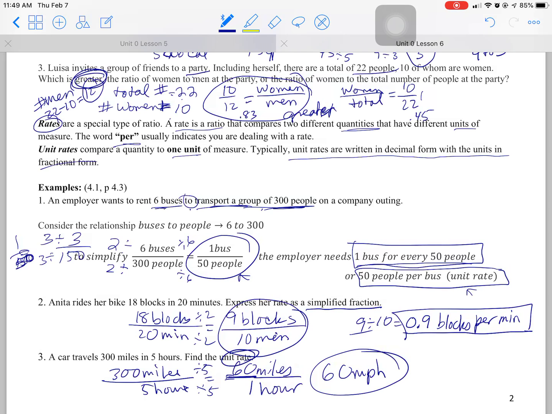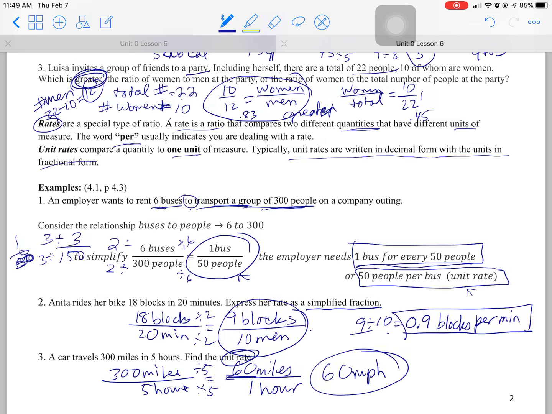You can write it like that if you want, okay? You can write that all out, 60 miles per hour if you want, or just put it like that. Because when you reduce, it is a unit rate, okay? This one, when I reduced, it wasn't a unit rate. I had to then actually do 9 divided by 10. When it comes out to 1 per something, it is a unit rate, okay? 1 something per something is a unit rate.